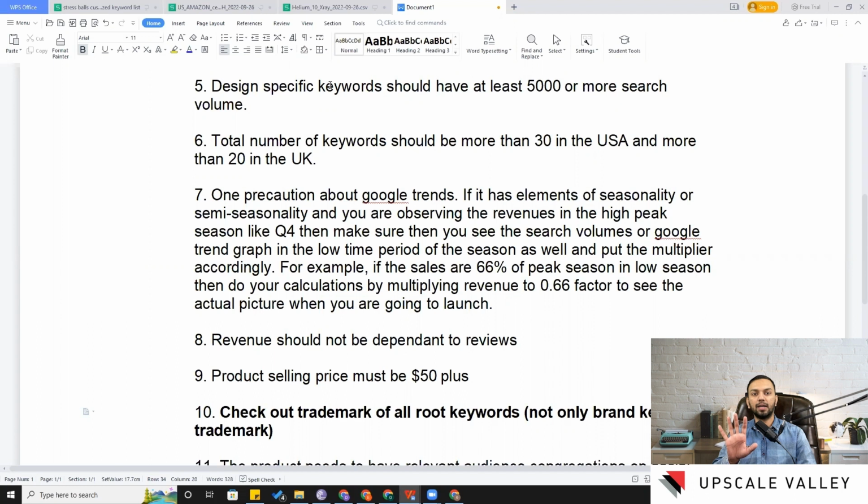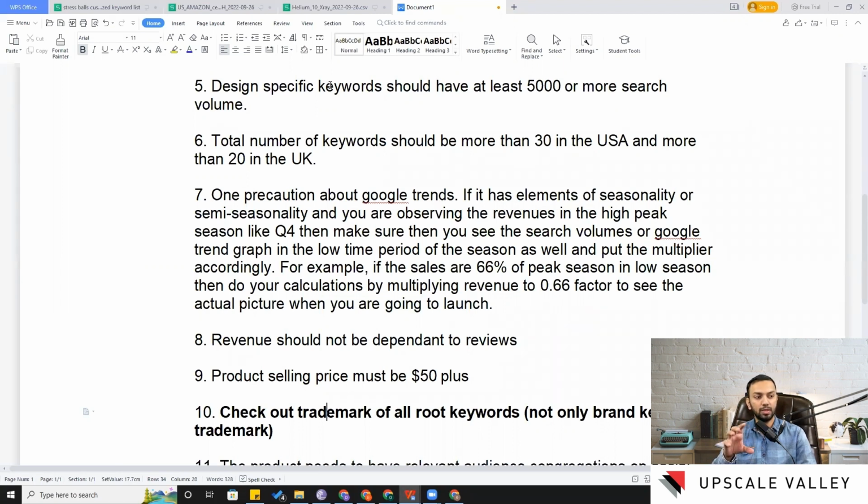If they see a trademark document for the main keyword of your product, even if it's a generic keyword, you can go to court and cancel that trademark, but until you achieve this, until you cancel or nullify their trademark, Amazon is going to act on their application and kick you out. So that's a gray area which we need to take care of.